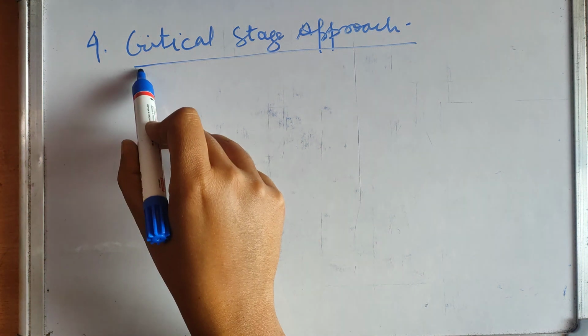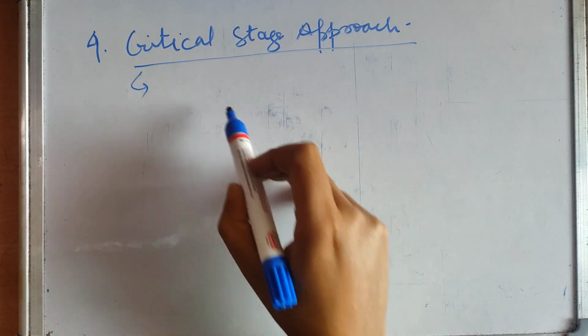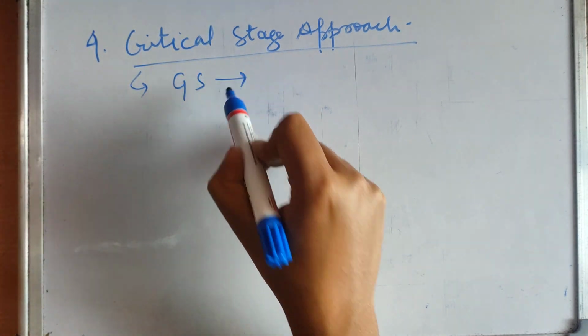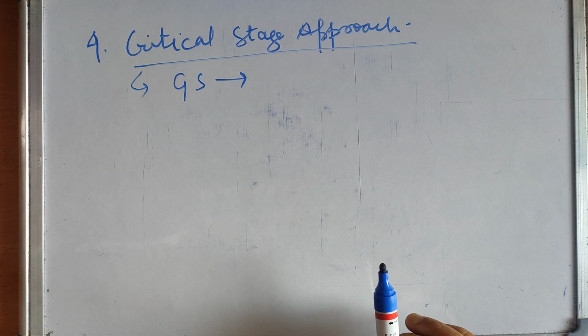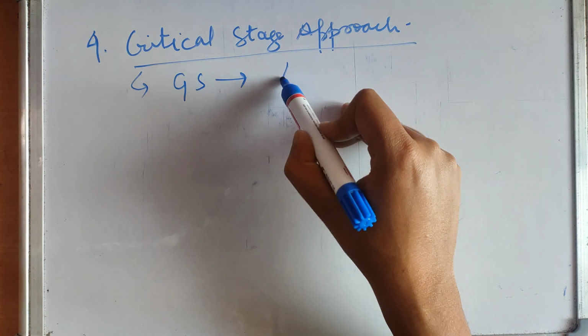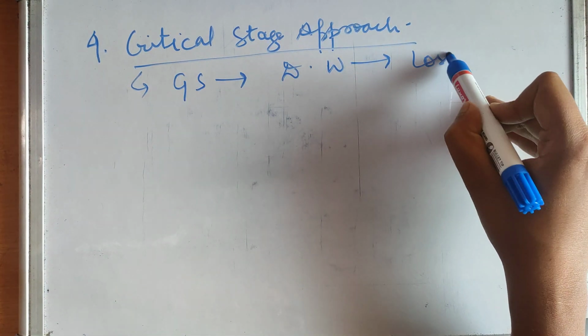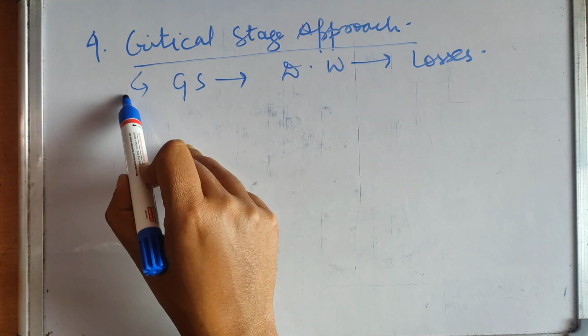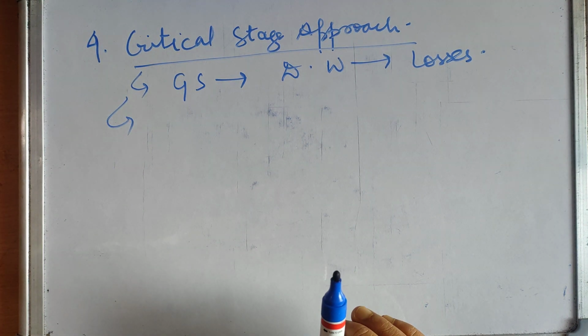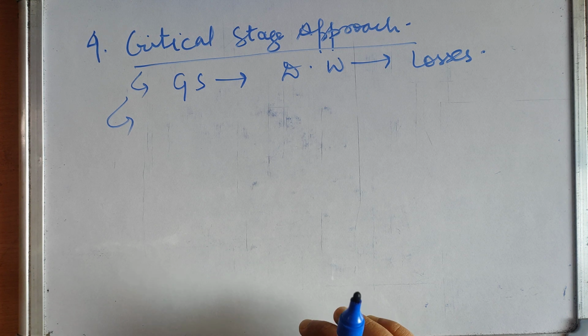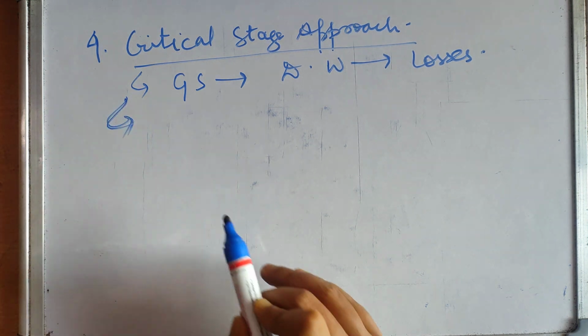There are some growth stages in plants when deficiency of water makes huge losses. So irrigation in these stages is very critical, and we need to irrigate in these stages for all plants.